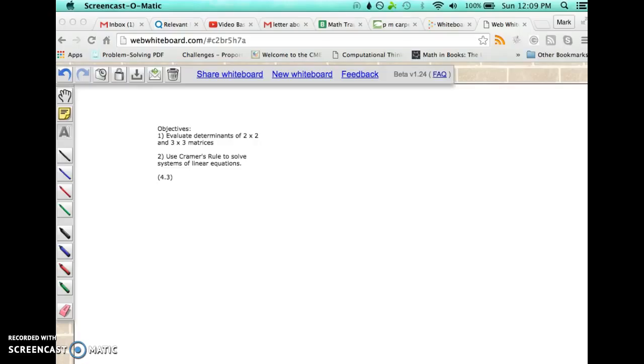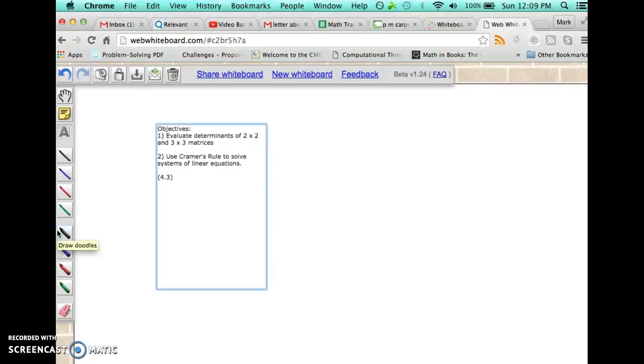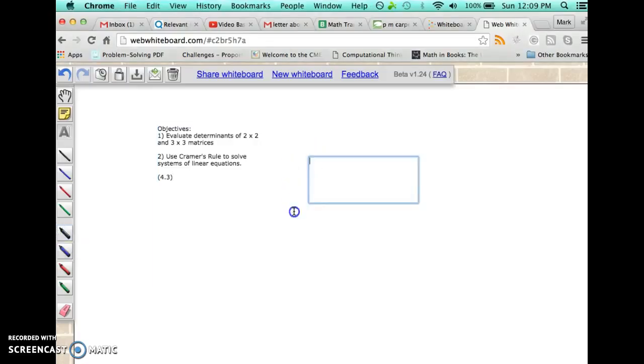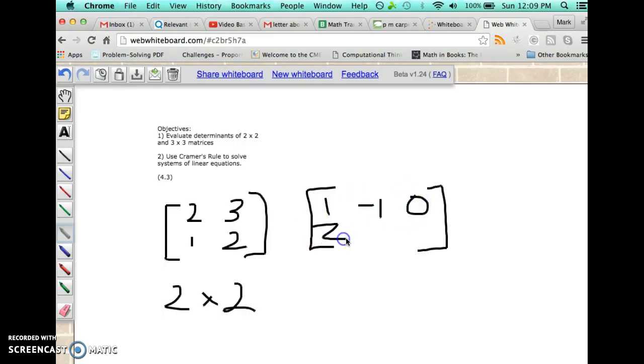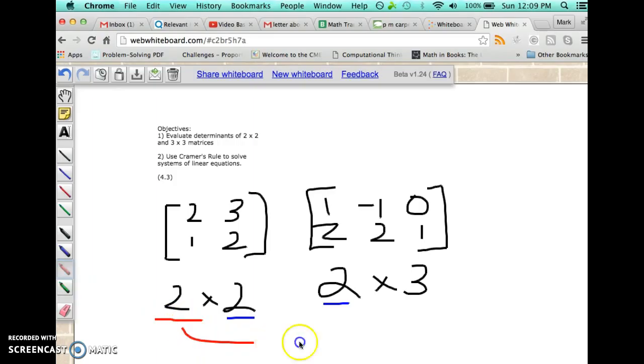Just to review, if I multiply a 2 by 2 matrix, 2 rows and 2 columns, by a 2 by 3, then I can do it because this is the same as this, and my result will be this by this. I'll get a 2 by 3 as a result.